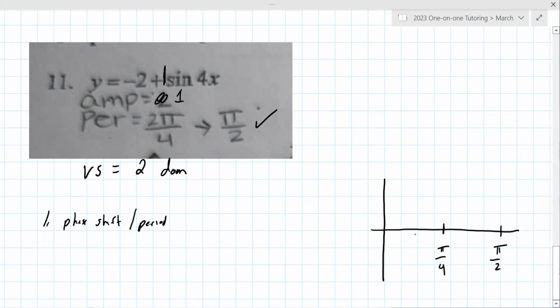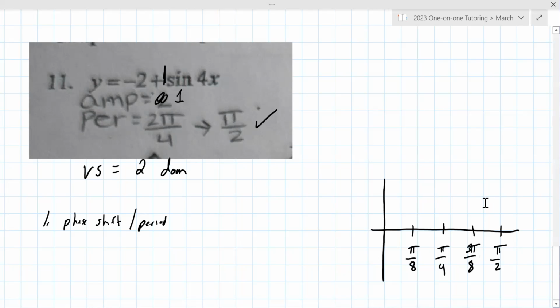And then you need to cut both of those in half. So this is where it gets a little tedious for students. It looks like you've labeled those. So pi over 8, 3 pi over 8. We can talk about how to do these faster if you want.